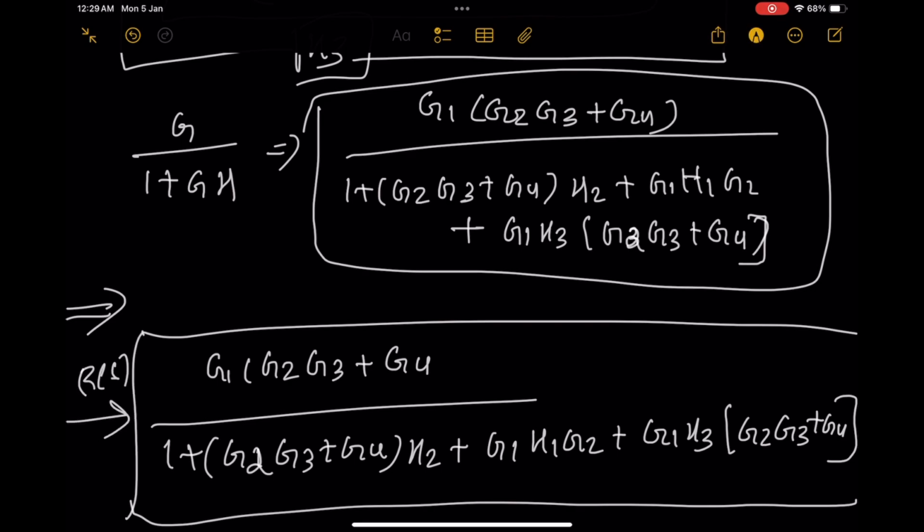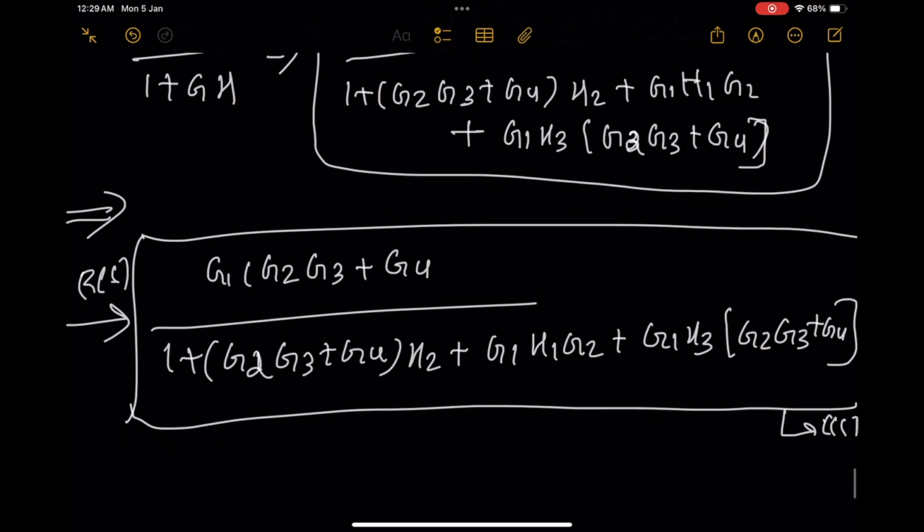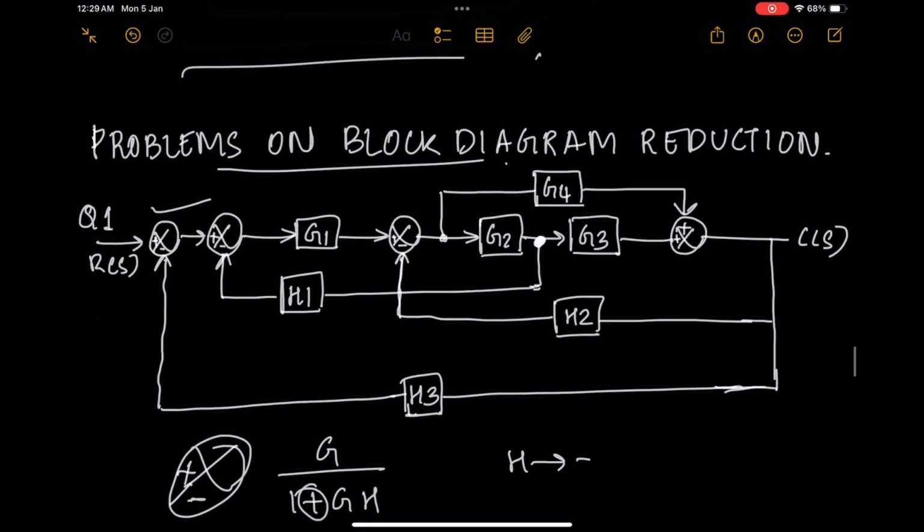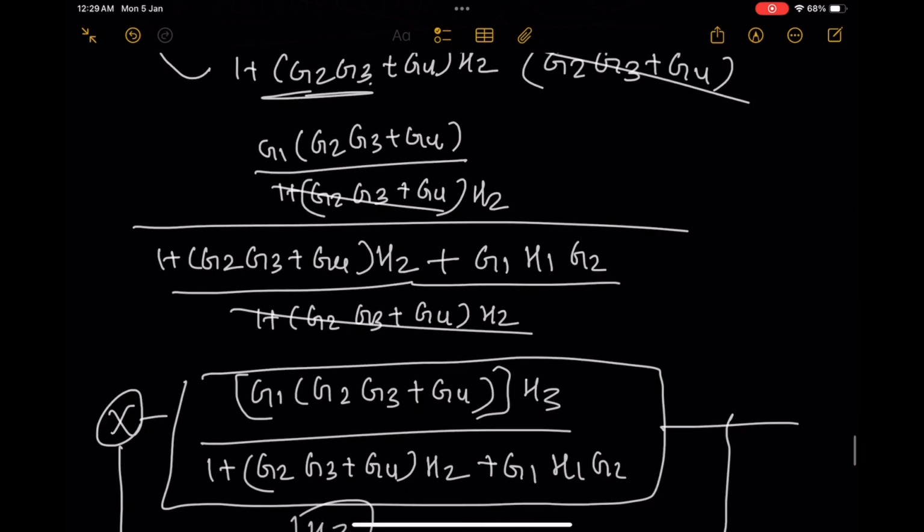There is no place, so I'm writing output. This is how you reduce a given block diagram into a simple block diagram. I've reduced this given block diagram to a single block.